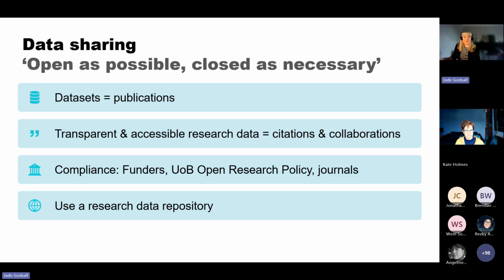And again, it's best practice, which also means you have to do it, to be compliant with funders' policies. And most journals also expect you to include a data availability statement, which cites the data and a pin in your journal article. As I said before, PGRs are normally encouraged as well to share their research data under institutional open research policies.